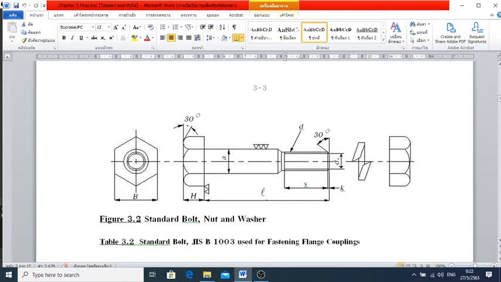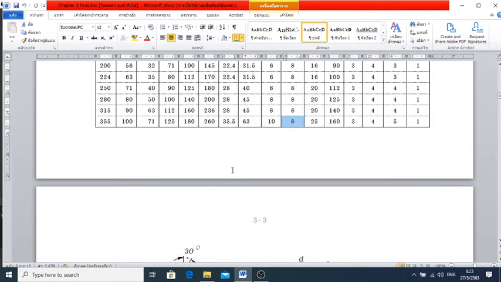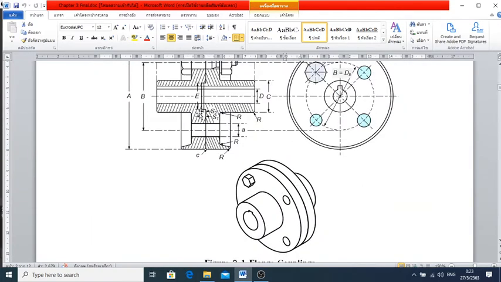Let's have a look at it. This is the bolt. This kind of bolt has an A here. The A here corresponds to the hole in here, exactly the same. That's why I explained earlier that the diameter A here, you're going to enlarge it by using a tapping machine.